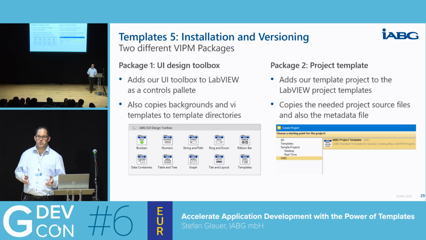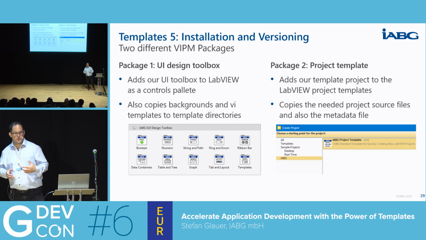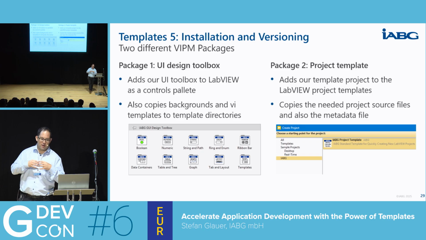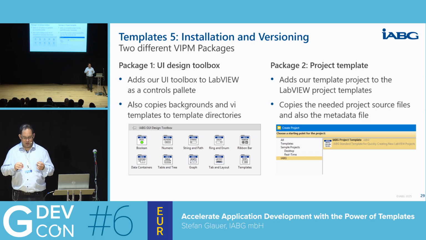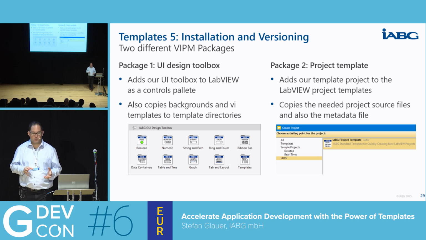The first one just puts the toolbox on the UI palette, but also copies the backgrounds and the template VIs to the right directories. And the project template VIPM copies everything to the project template folder, so the metadata file and the source files. To do the copying, we used the source file settings in the VIPM. It's a bit tricky to set up the first time, but then it just works.